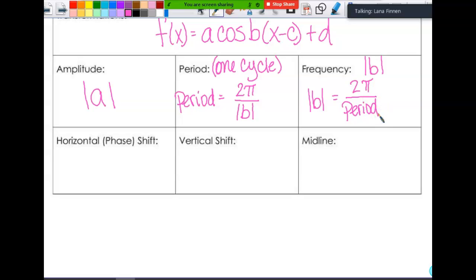Your horizontal shift is still C. Vertical shift is still D. And the midline is just the line y equals D.